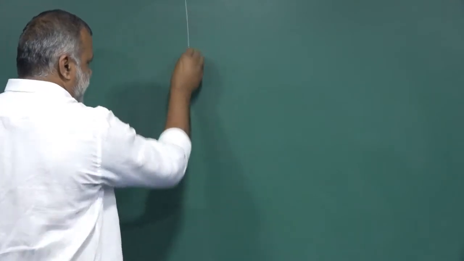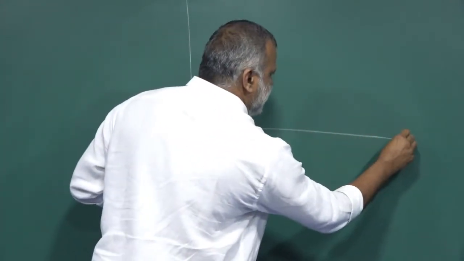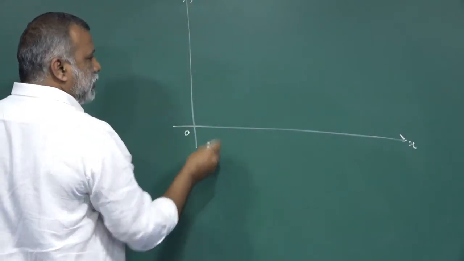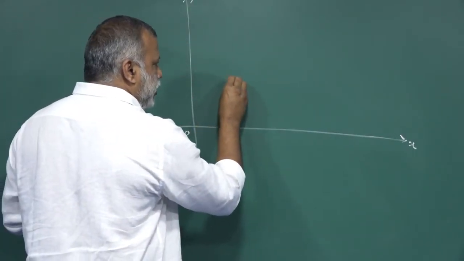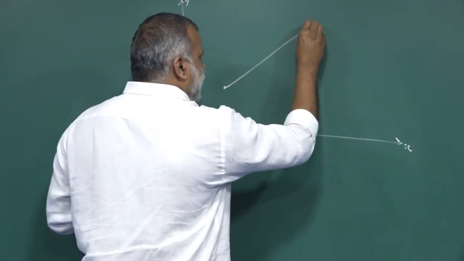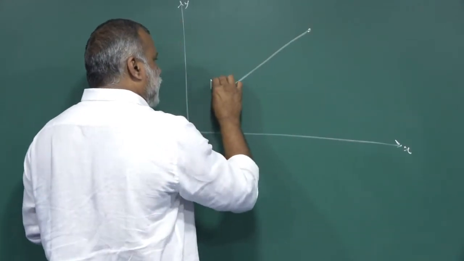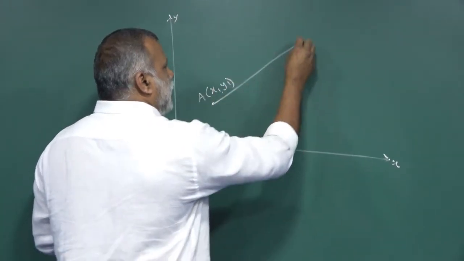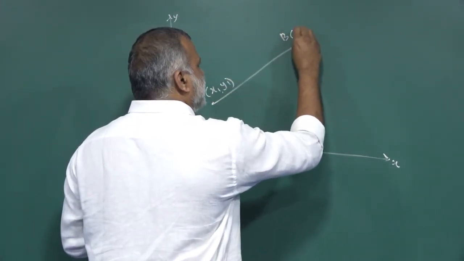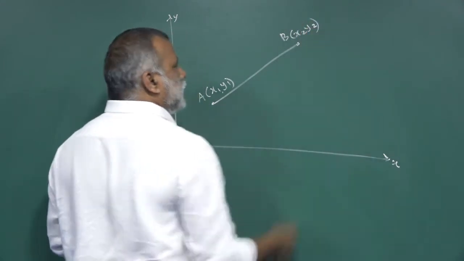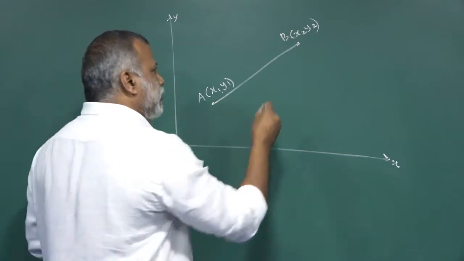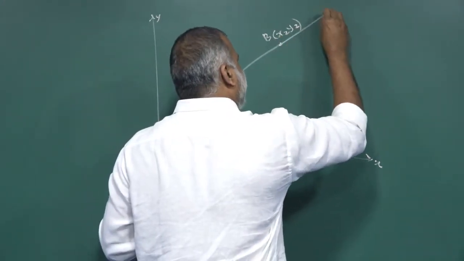We take the coordinate system, x-axis, y-axis and this origin. I am going to take a point A and another one B. So now A is x1, y1. Then consider B as x2, y2. Now P is a point which lies externally, therefore I am taking a point P here.